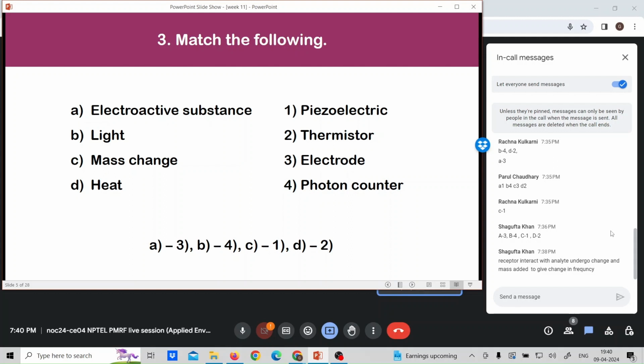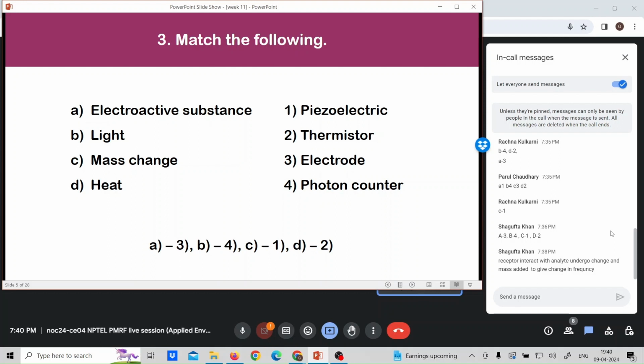So what happens is, when we add this mass, as you told, the signal that we receive has different oscillations or frequency, and that will show detection. So that is how a piezoelectric sensor works.